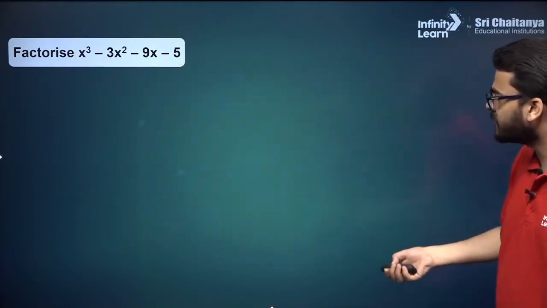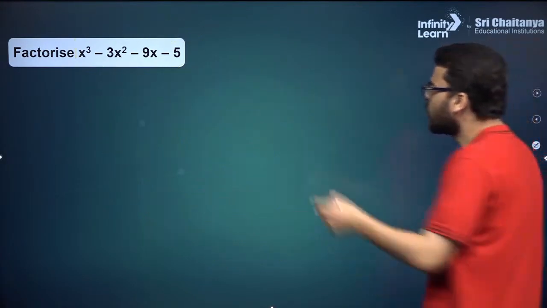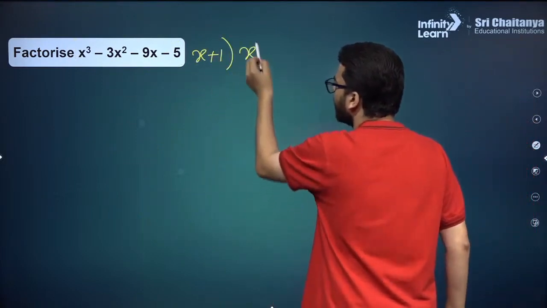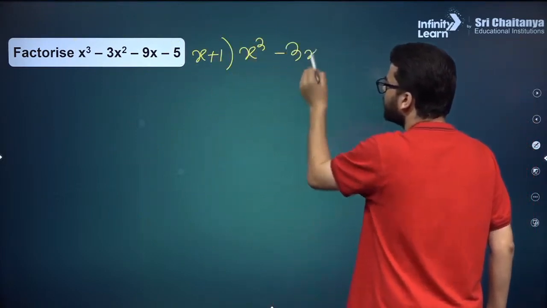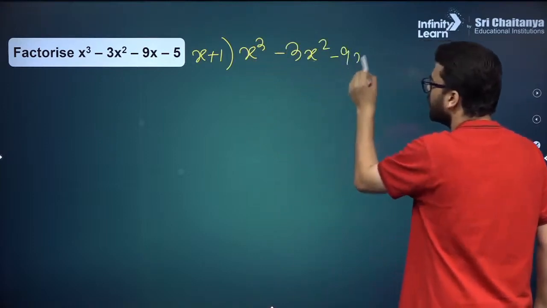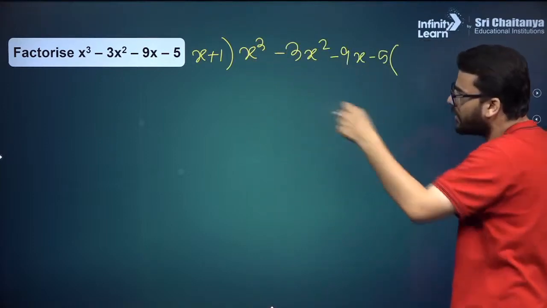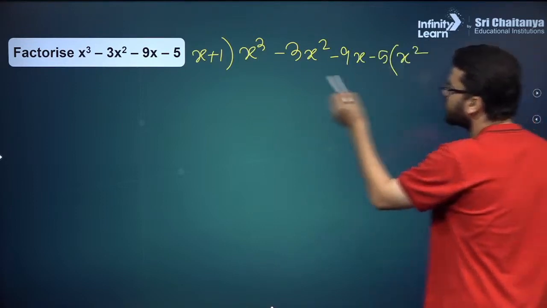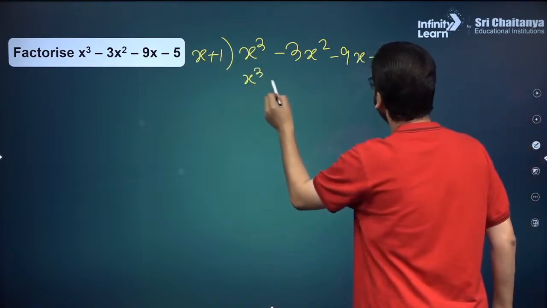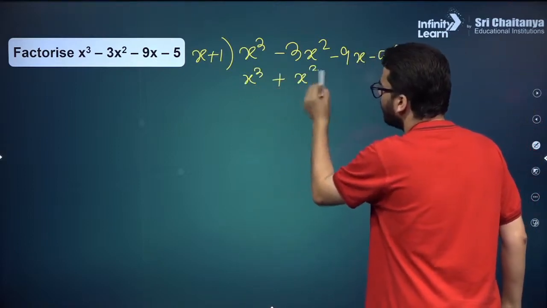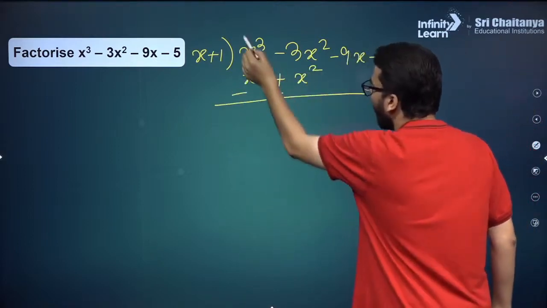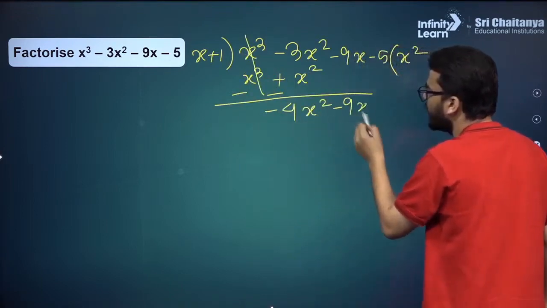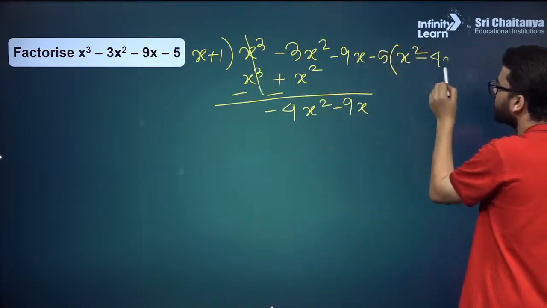We have got x plus 1, right? So what can I do? Can I divide this polynomial by x plus 1? This is another method which I am explaining. Let's divide it using the long division method. I expect that you already know the long division method. You see, x square will be there, so x cube plus x square will come up. Now change the sign and then add. So you will get -4x square and -9x, right? So I'll get -4x over here.